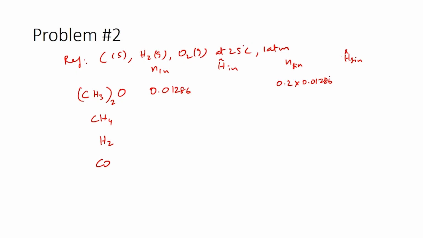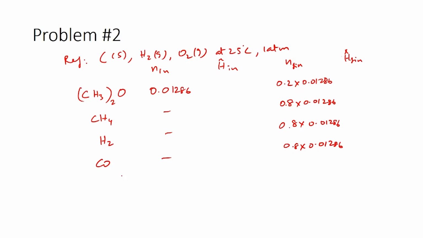Based on stoichiometry, the number of moles of methane in the final condition would be equal to the number of moles of dimethyl ether consumed, which would be 0.8 times 0.01286, and this would also be the same for hydrogen and carbon monoxide as well. So, it will be 0.8 times 0.01286 for each. You do not have any methane, hydrogen or carbon monoxide in the initial condition.